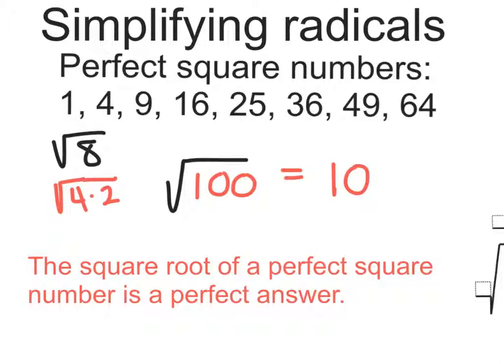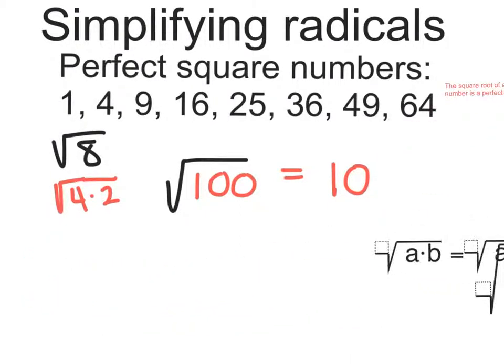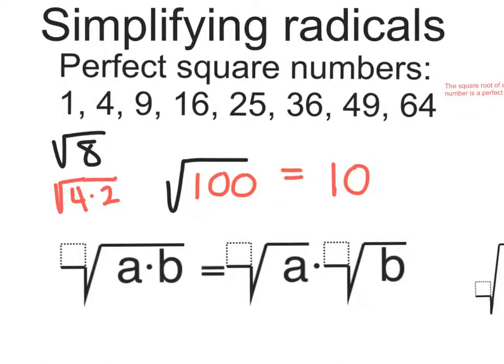And now, what we need to know now is this simple rule. This simple rule is that when you have the square root of a number times another number, you could actually do the square root of the first number times the square root of the second number. So you could actually split the root, okay?